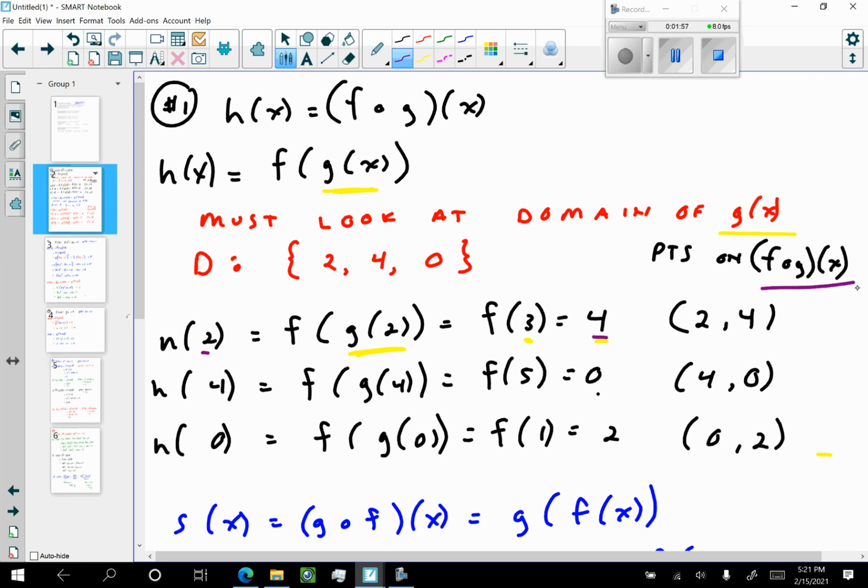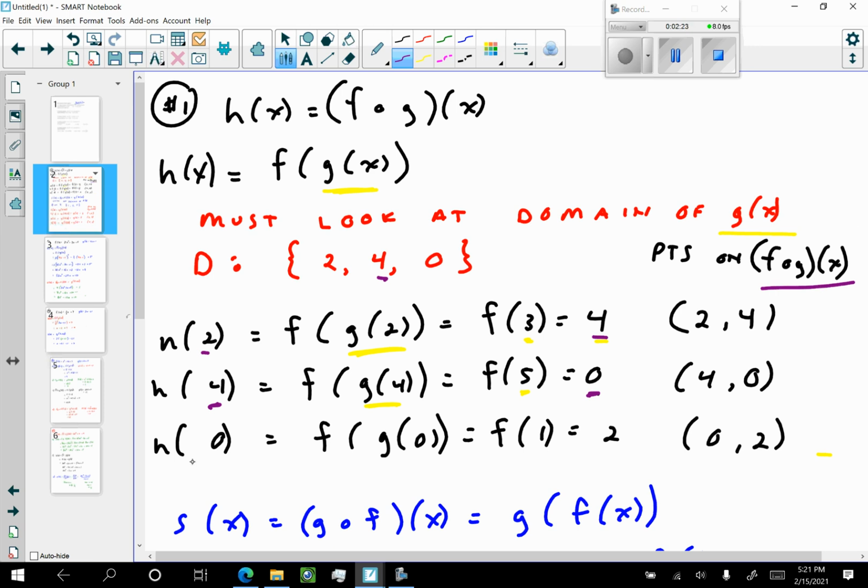In like manner, I take h of 4 because 4 is in the domain of g of x, f of g of 4, and again I see that g of 4 from my table is 5, and I also notice that f of 5 is 0, so I have my second point. Input, output, I have (4, 0), the second point on f circle g.